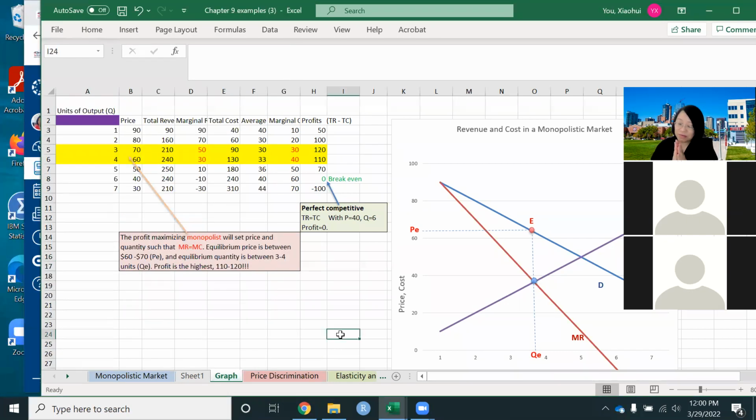Okay. I mentioned it at the beginning of the class. So where are the perfect competition firms? Where should their production be? No one remembers?